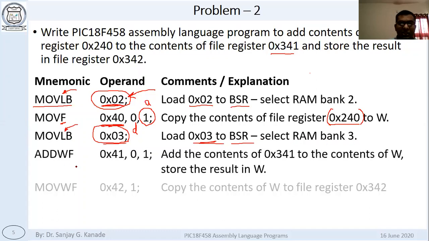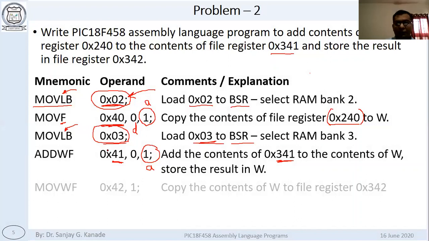The ADD instruction is the same as before, the only difference is A is equal to 1, meaning the access bank is not used. We are using BSR mode, meaning this 41 is from bank 3. That's how the full address is going to be created. Okay.